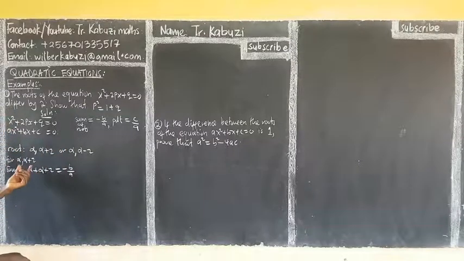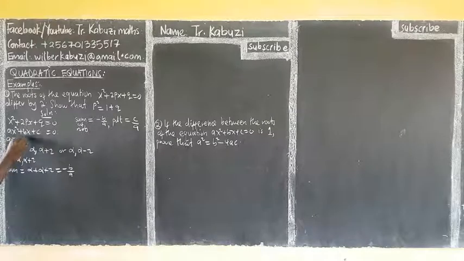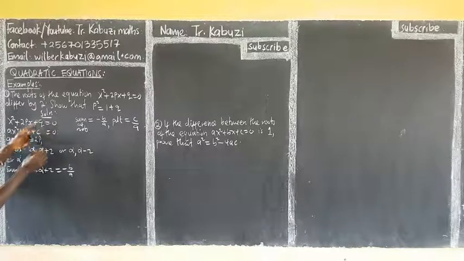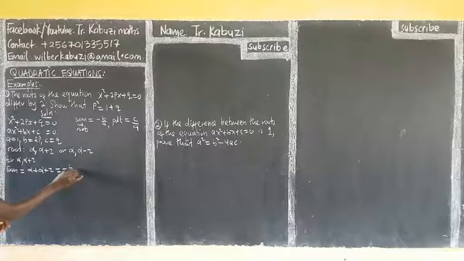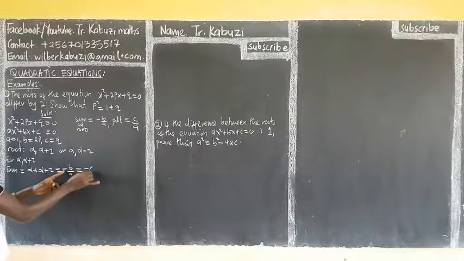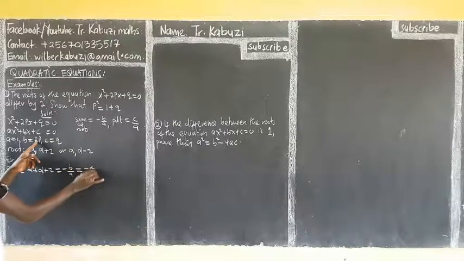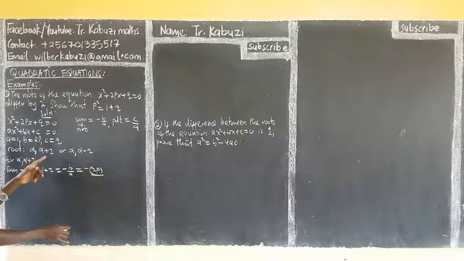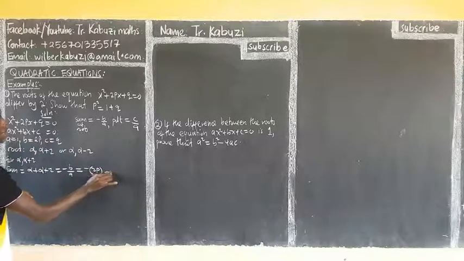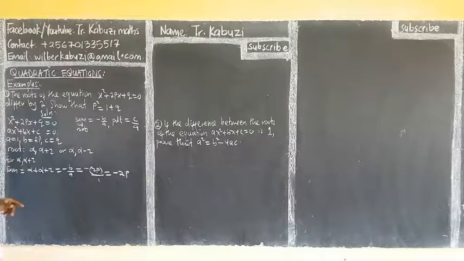But remember, the roots we are getting are for this equation. So if you compare with the general form, from here I see that our a is 1, our b, the coefficient of x, is 2p, and our c is q. So just substitute here: negative b, which is 2p, over a, which is 1, and this is going to be negative 2p.